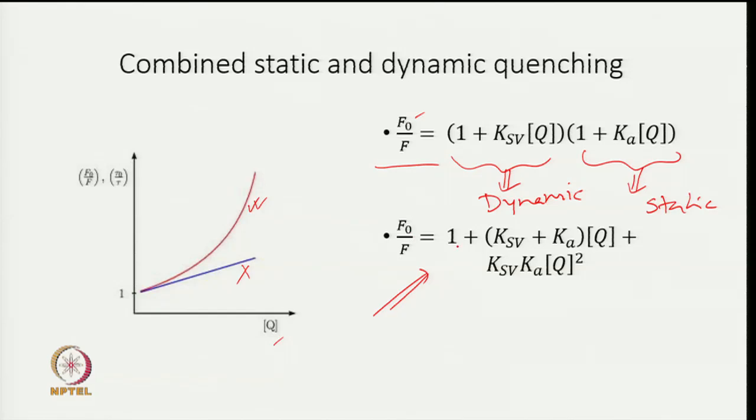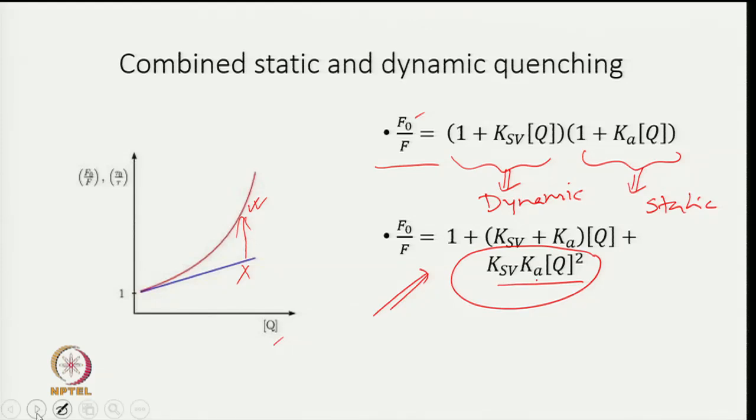F naught by F is equal to 1 plus K S V plus K A multiplied by concentration of quencher, plus K S V into K A multiplied by concentration of quencher square, and because of this square term you will get this deviation.